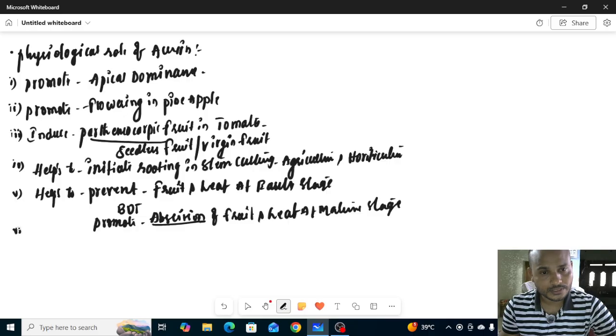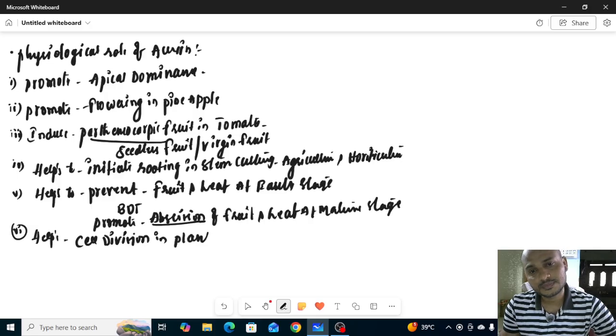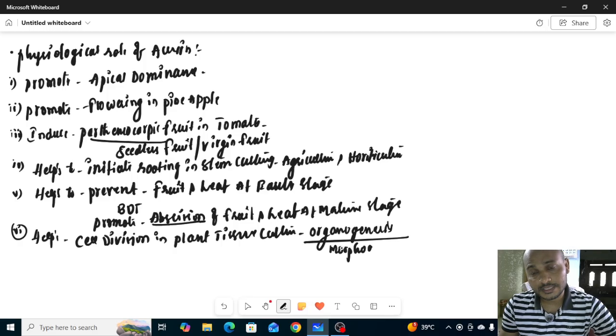Now coming to the sixth most important point here, it helps in cell division. It helps in the cell division process in plant tissue culture. During the organogenesis process, also called morphogenesis process. So in plant tissue culture, there is a process, organogenesis or morphogenesis.